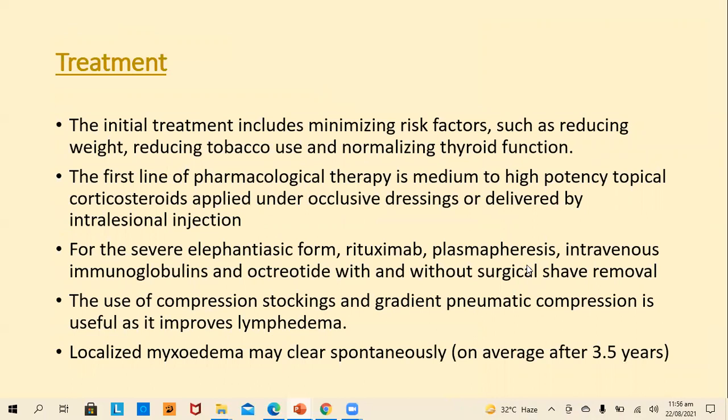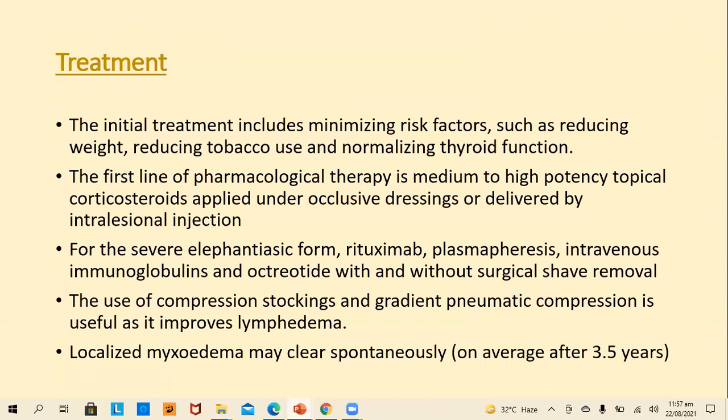Treatment. The initial treatment includes minimizing the risk factors such as reducing weight, reducing tobacco use, and normalizing the thyroid functions. First line of pharmacological therapy is medium to high potency topical corticosteroid applied under occlusive dressing or delivered by intralesional injection.